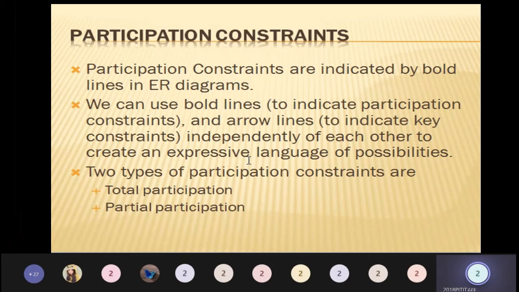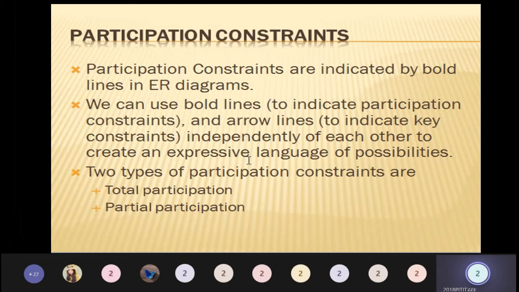We can use the bold line to indicate the participation constraints, and the arrow lines to indicate the key constraints independently of each other to create an expressive language of possibilities. So there are two types of participation constraints.